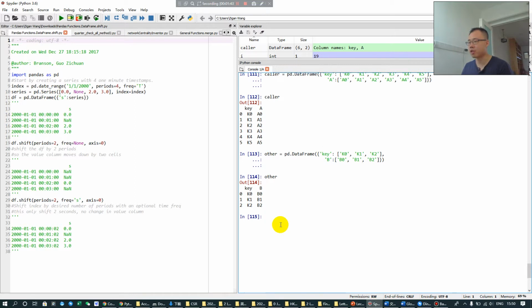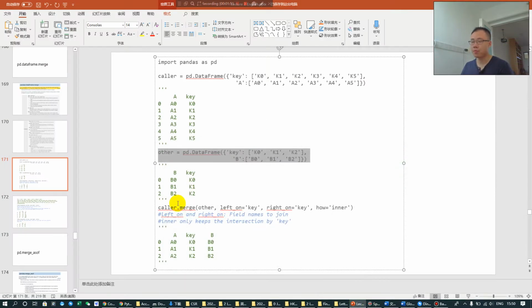Well, we can certainly use pd.merge, but we can also use the data frame's caller method merge.